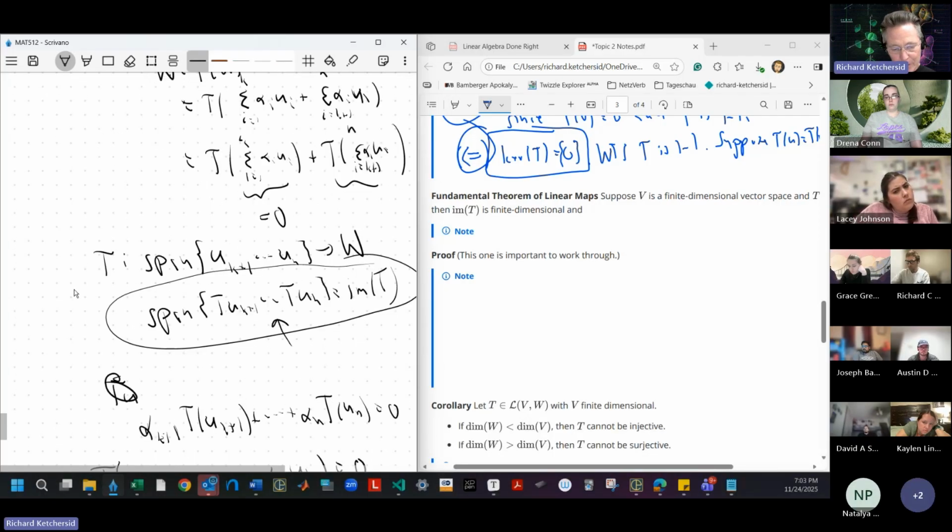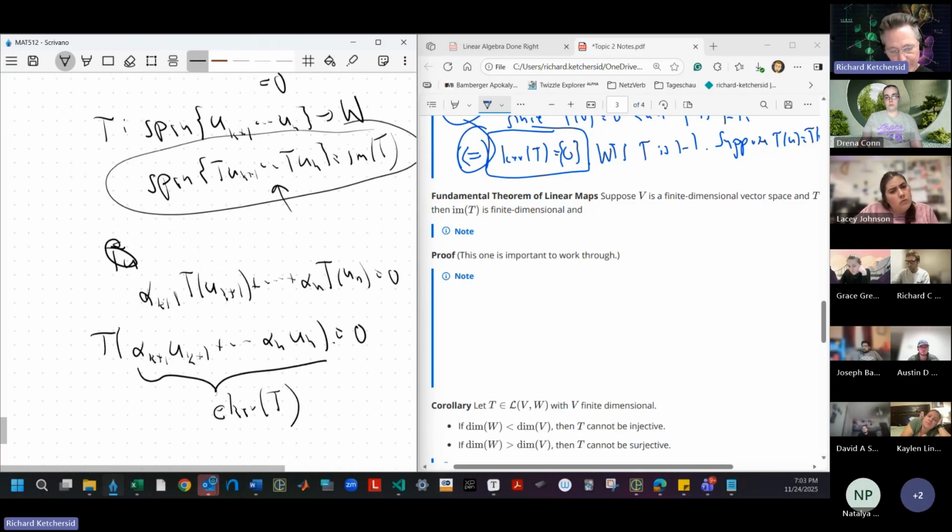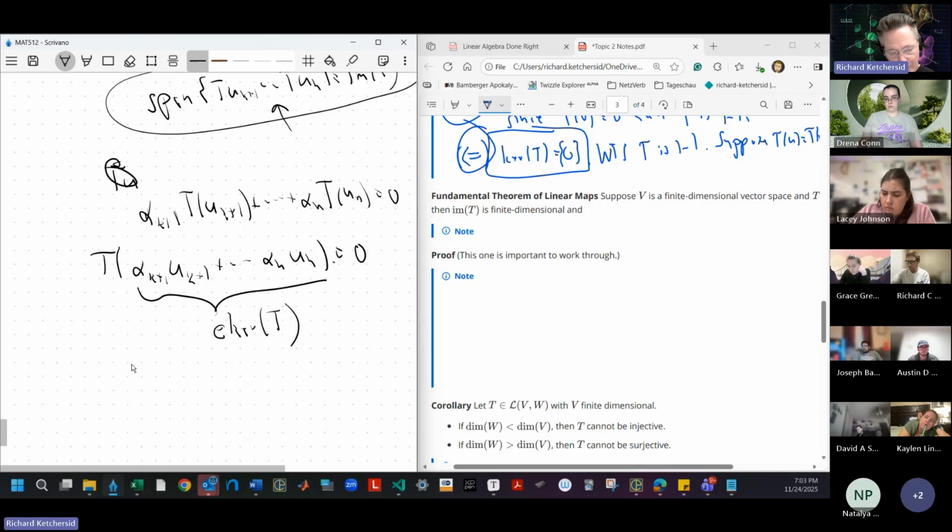So this thing right here is in the kernel, but the point is that the kernel of T intersect the span, by the way, if you look at your homework, you've really done this already in the homework too, whatever the span of those things is, that is 0.